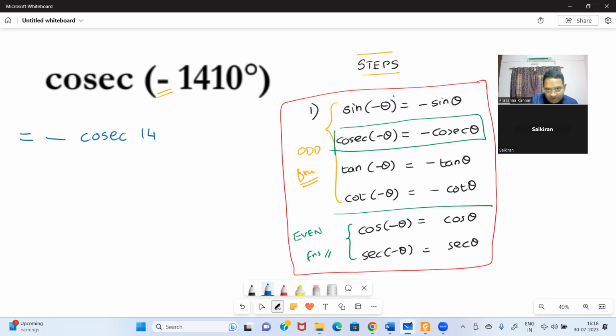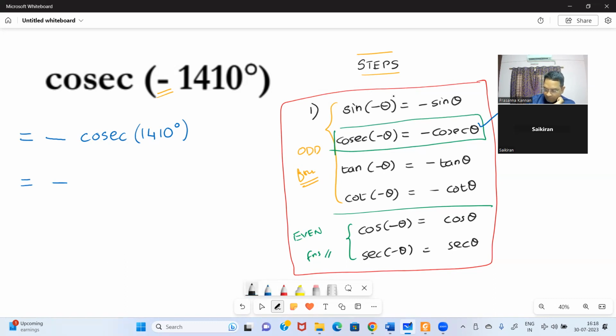Not secant, minus cosecant. Cosecant of minus theta is minus cosecant theta, correct? Is it clear, Sai Kiran? Okay, good.